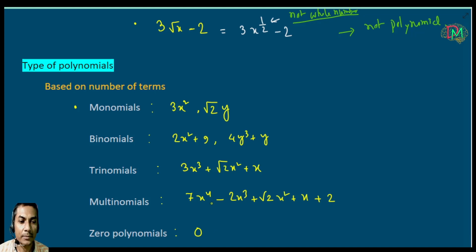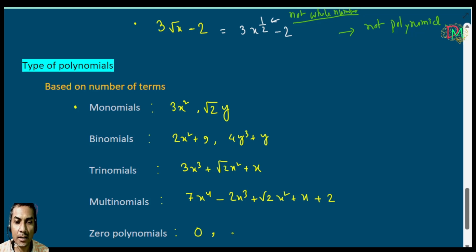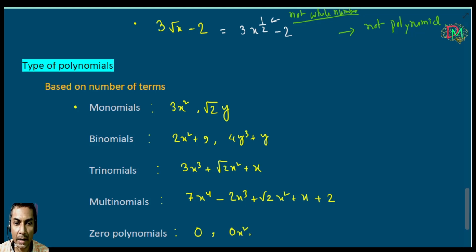Okay, clear? Or you can say that all the constant parts are 0, that is 0x square plus 0x plus 0. So the entire value is 0. So this is called the zero polynomial. Clear?